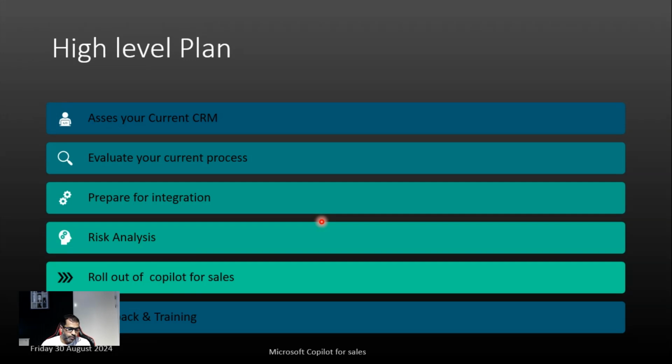Also, your organization needs to be definitely in the Microsoft 365 ecosystem. That's the main thing. And for the current process, I always suggest looking into the current process being utilized by the organization, and how to modify it or add this into your current process.